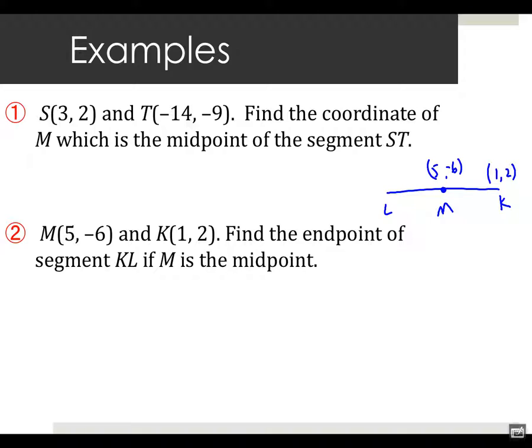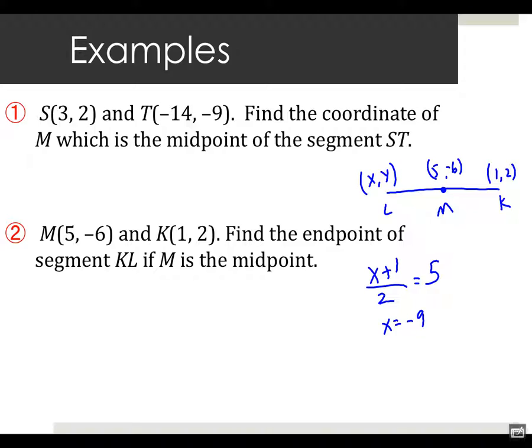We'll do the algebra. We don't know where L is, so let's call L x, y. If I knew where L was, then to find the midpoint, I would take the two x coordinates, add them up, divide by 2, and that would give me the coordinate of the midpoint. Are you with me there? Okay, so multiply by 2, subtract 1, so x would be equal to negative 9.